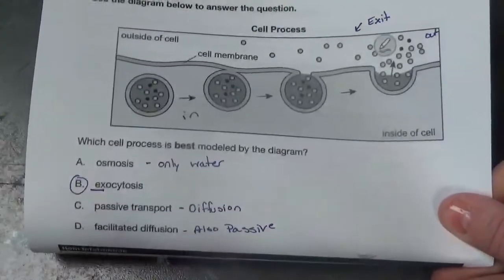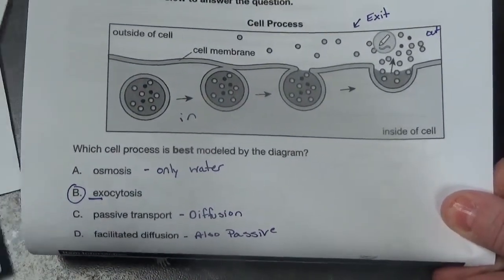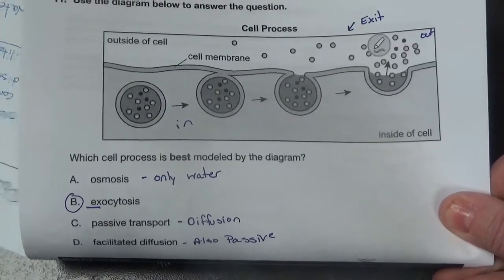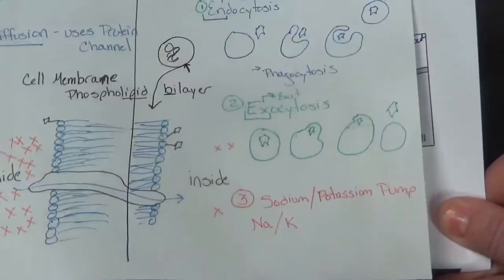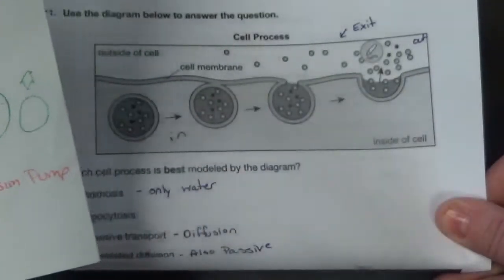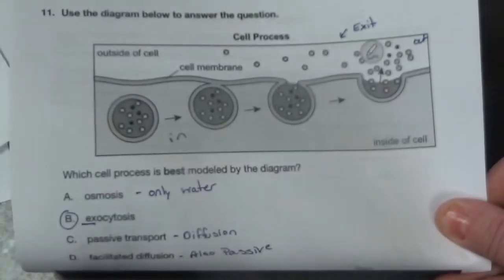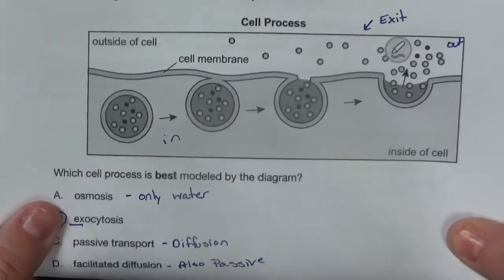So good job, Pamela. All right, looking at this picture here, it reminds me of this picture here. Basically the same picture. So let's see what it's asking us. Use the diagram below to answer the question.